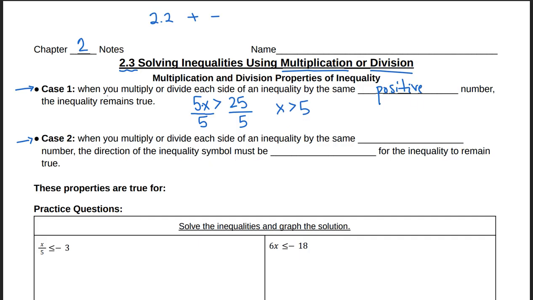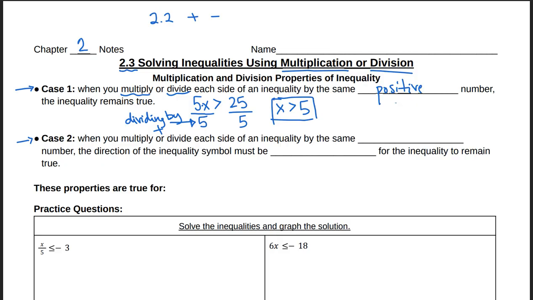When we talk about case 1, multiplying or dividing, we're talking about this step right here. This was dividing by a positive number. Even though we don't write the positives on our numbers, only the negatives, this is a positive 5. If you divide by a positive number, then the inequality remains true just the way it is. There's nothing we have to do to the inequality sign.